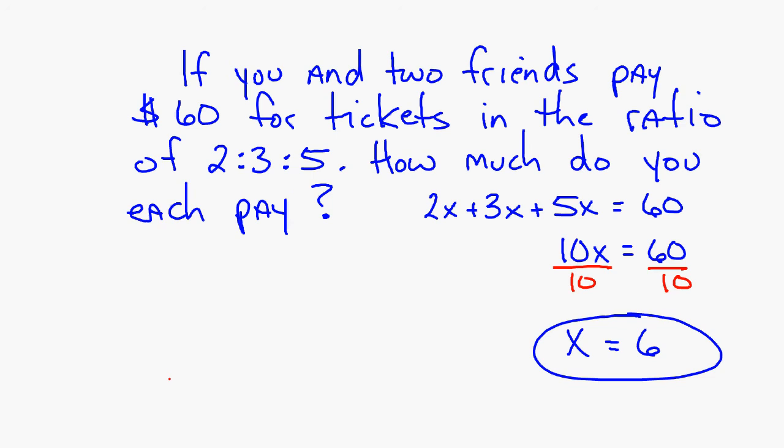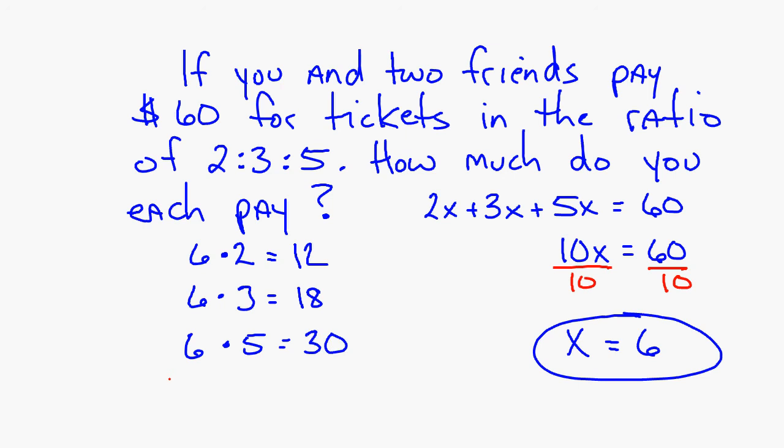Now, watch how this works. You take your 6 and you multiply it by 2. So 6 times 2 equals $12. You take your 6 and you multiply it by 3, and that's $18. And then finally you take your 6, which is your multiplier again, 6 times 5, and that equals $30.